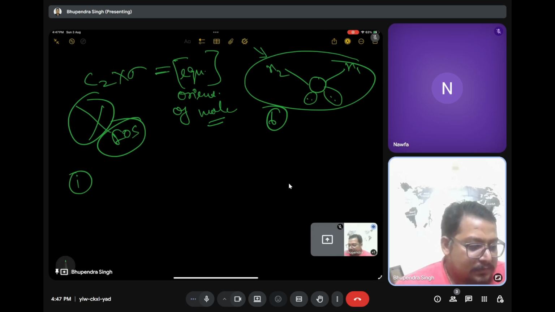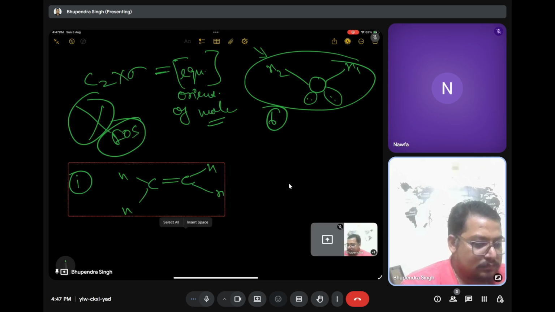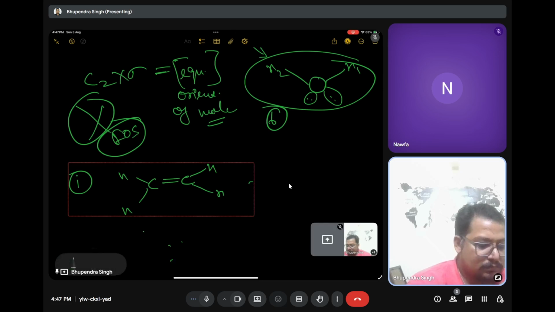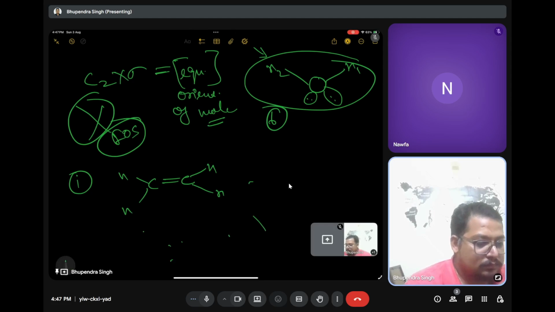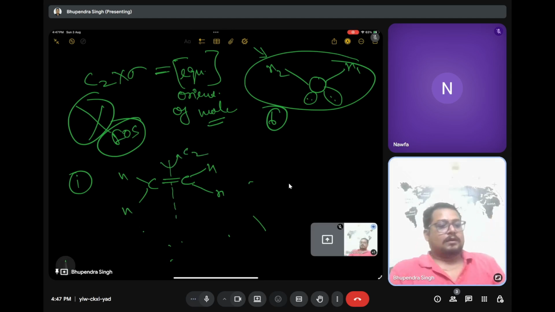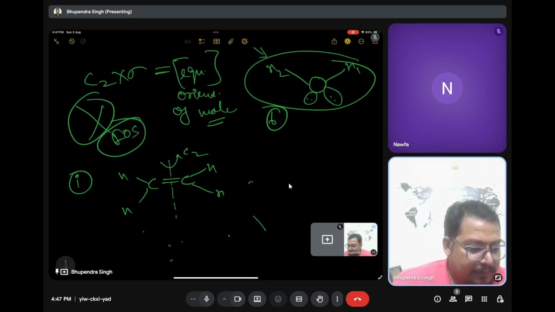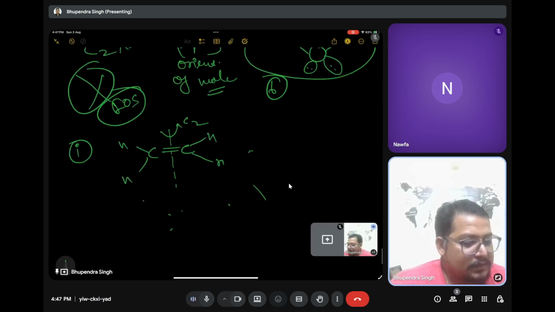First example, C2. You have to find out what symmetry elements are present here.